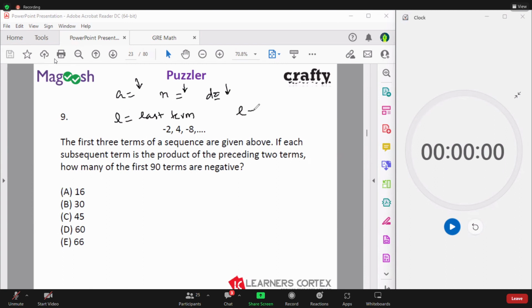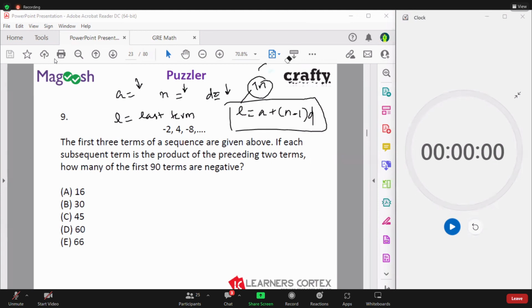The last term is again given by the same formula: A plus n minus 1 times D. This is how you can create a formula for the last term, or you can also replace it by the term of nth position.